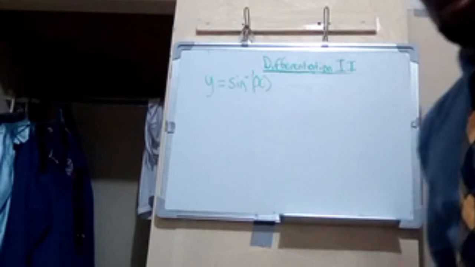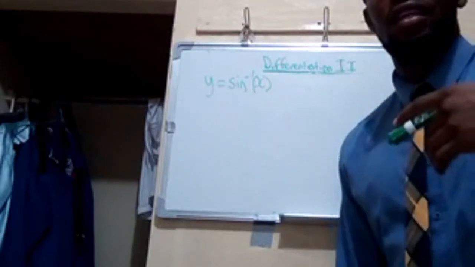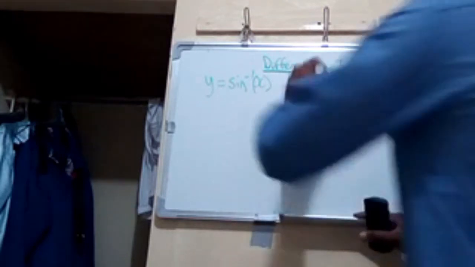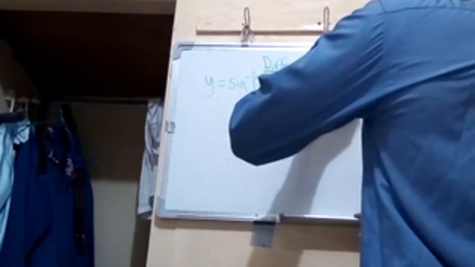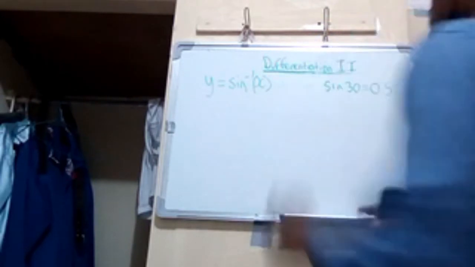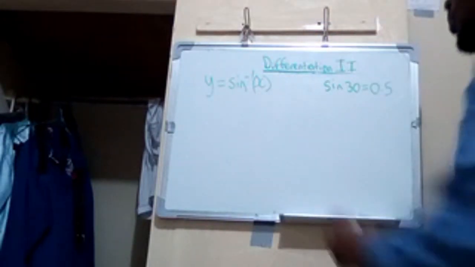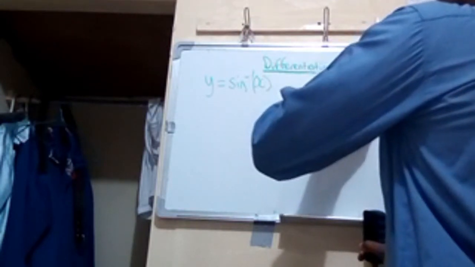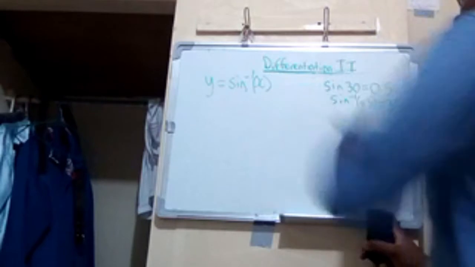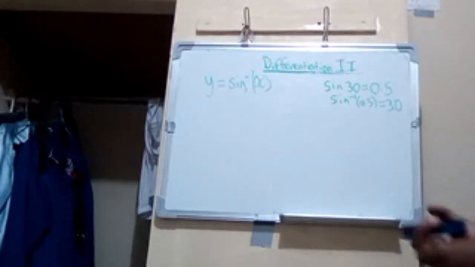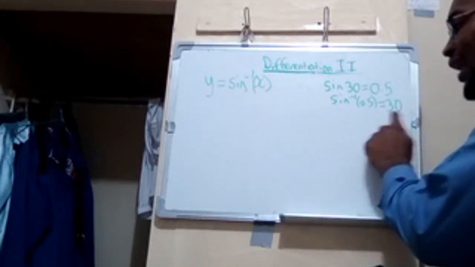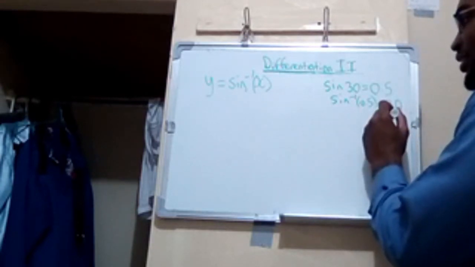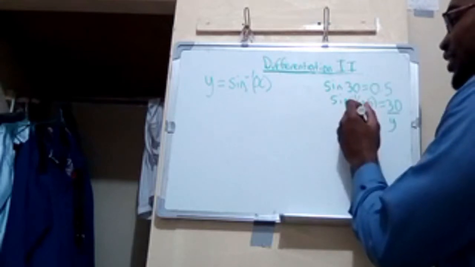I'm going to recall something that we'd have learned from grade 10 or grade 9 when we're doing trigonometry. Remember when we said that sine 30 equals 0.5, and so therefore the sine inverse of 0.5 is 30? Consider this 30 to be y and this 0.5 to be x.